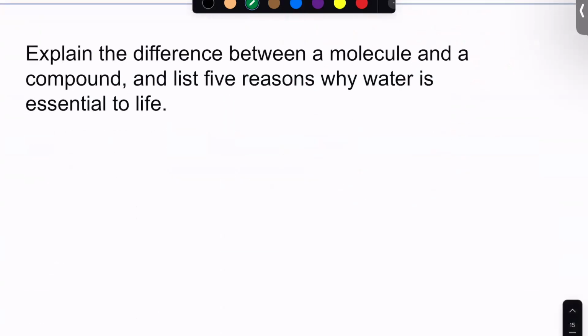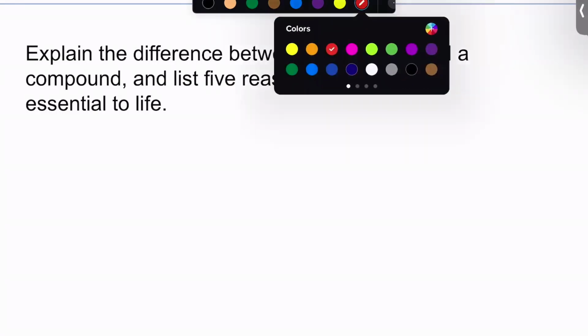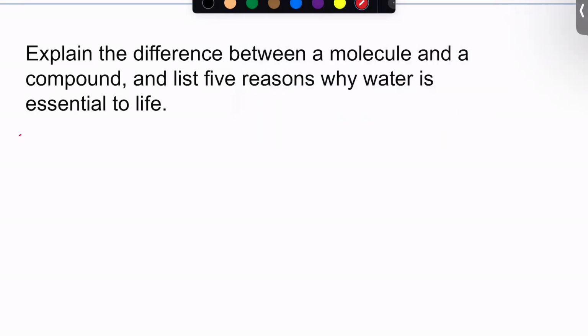Explain the difference between a molecule and a compound and list 5 reasons why water is essential to life. Okay, so a molecule is going to be when two or more atoms bond together.